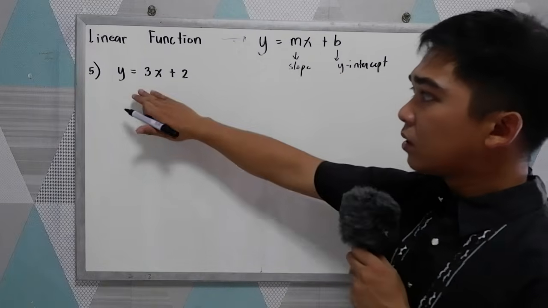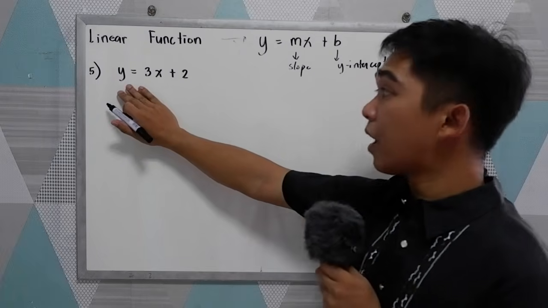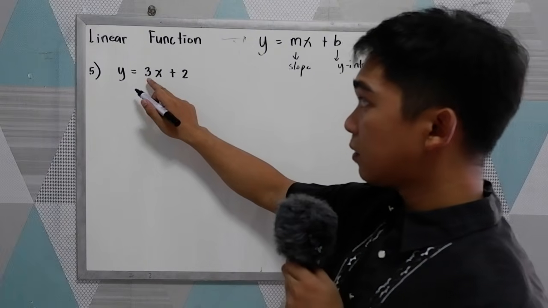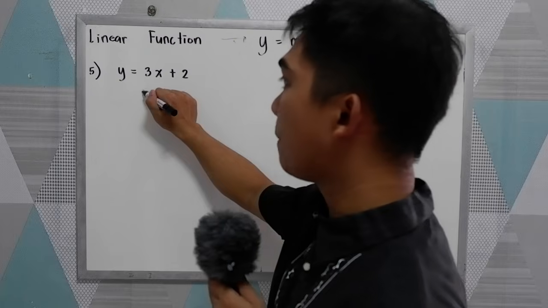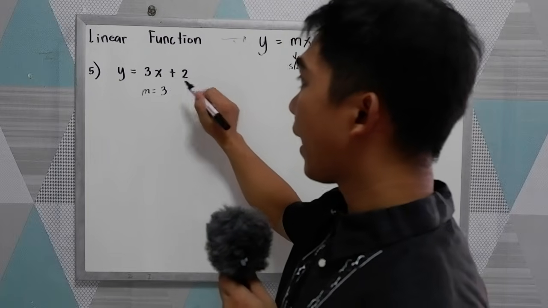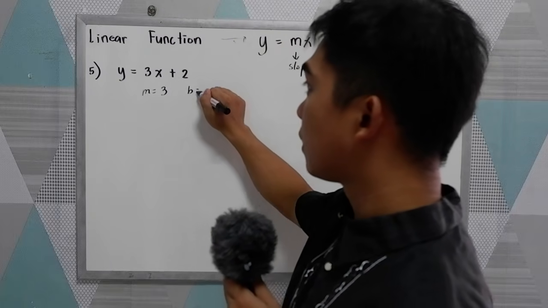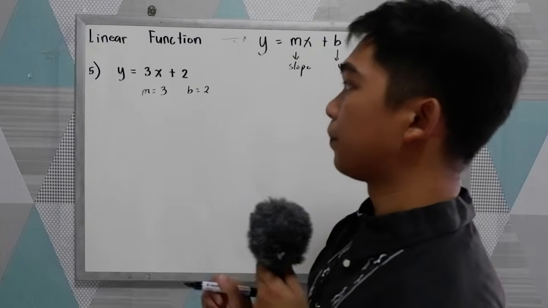Now, in this case, we have our slope m, that is 3, and y-intercept, that is 2.